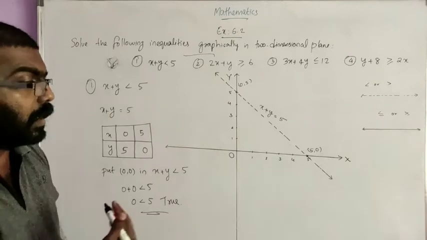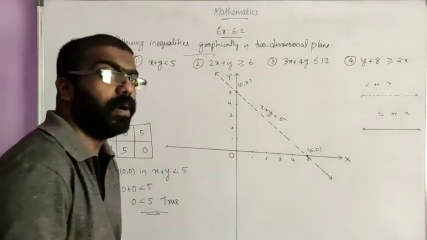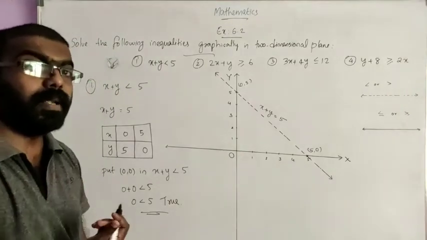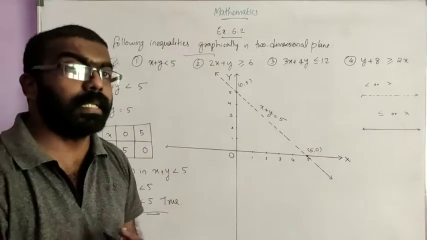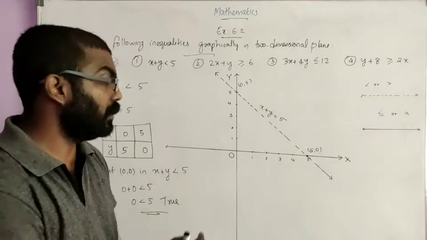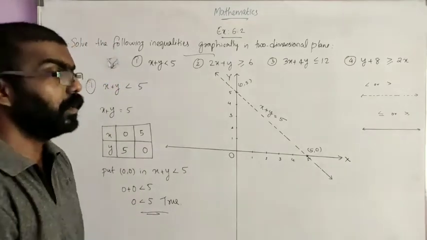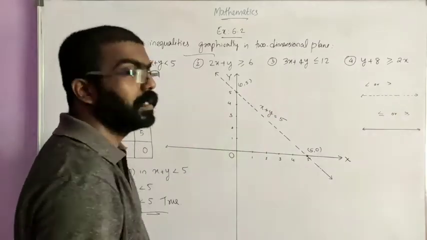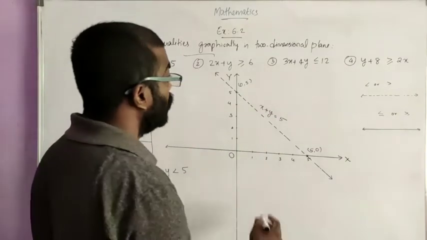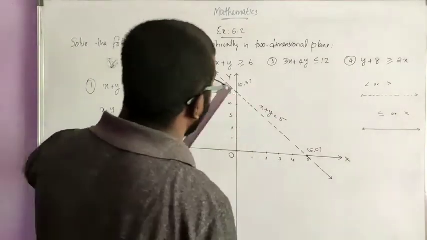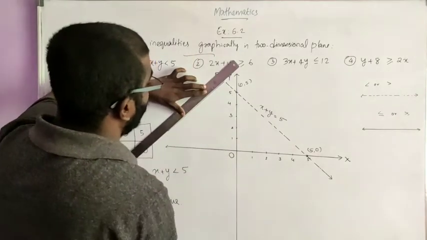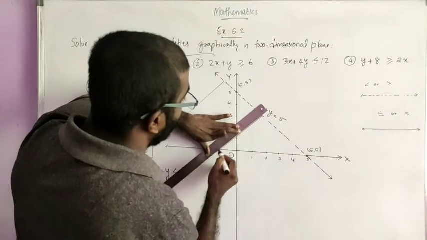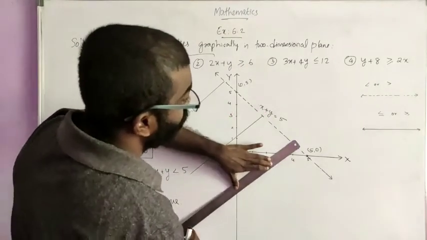That means the point 0, 0 satisfies the inequality, and it means that the solution region contains the point 0, 0. And clearly 0, 0 is on the lower part of this line. So we can shade this region. So this will be the solution region, below the line.